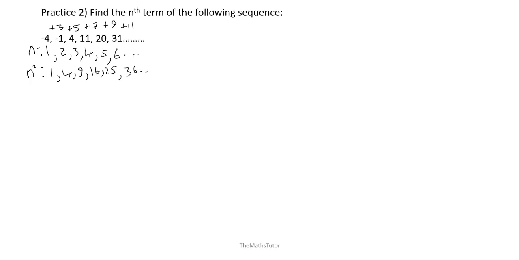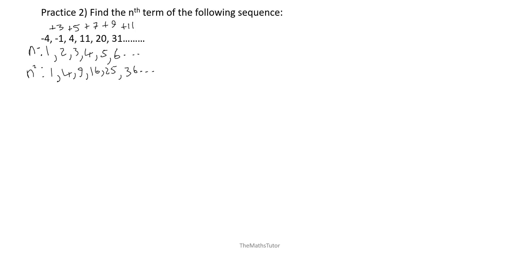Now of course be careful that you are in fact squaring your n values when you write out this row, not your sequence values. That's another common error. You have to be careful that you are in fact calculating n squared. So now you look and try and establish a difference between this row and this row, your actual sequence. And it's quite easy to see that it's simply minus 5.